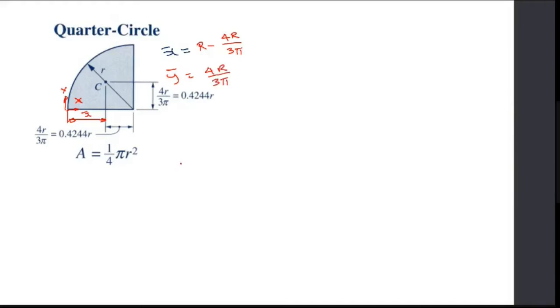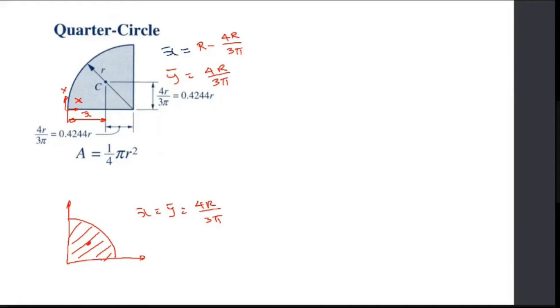It is 4r by 3 pi, right? So it depends on the particular position of your quarter circle. If my quarter circle is something like this, then both x bar and y bar are 4r by 3 pi, right?